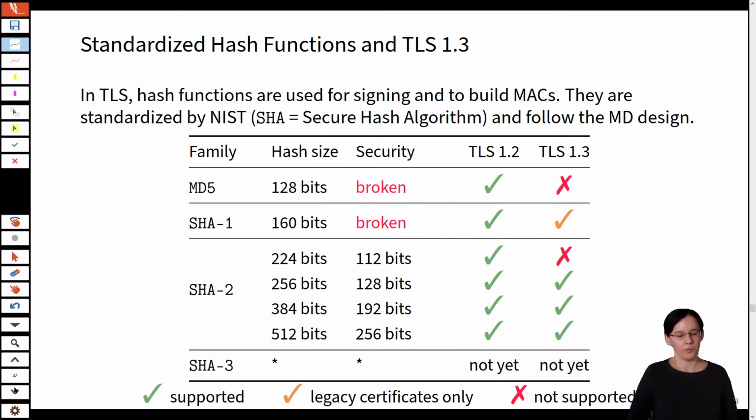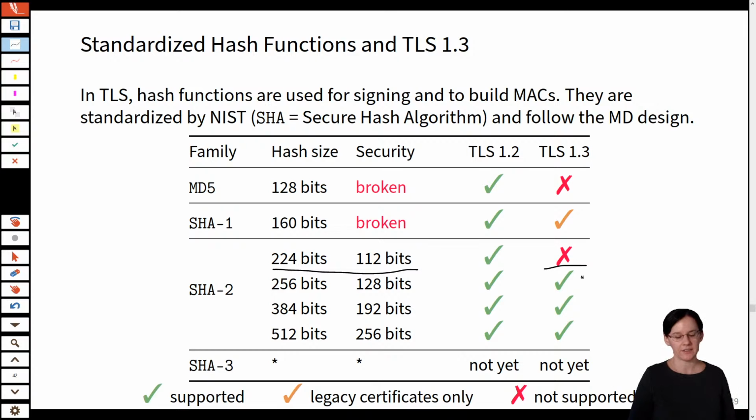Okay, so which of these functions should you now use today and which ones not? Well, MD5 and SHA-1 are definitely broken. SHA-2 is still secure, though it is not necessarily supported in the newest TLS versions. So SHA-2 comes with one small variant which has just 112-bit security, and this was not accepted in TLS version 1.3.